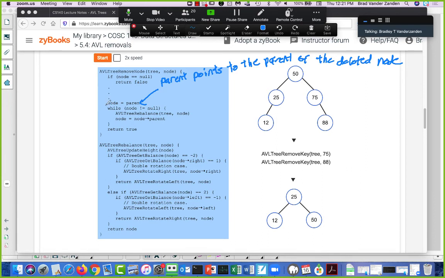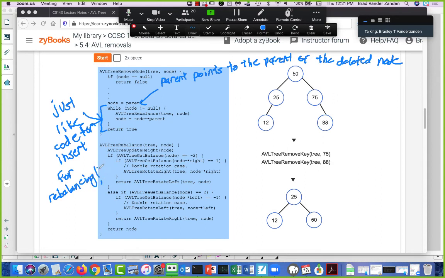Okay, and then this is just like insert. If you look at the code for rebalancing for delete, it looks just like this. It's identical. All we're doing is following the node.